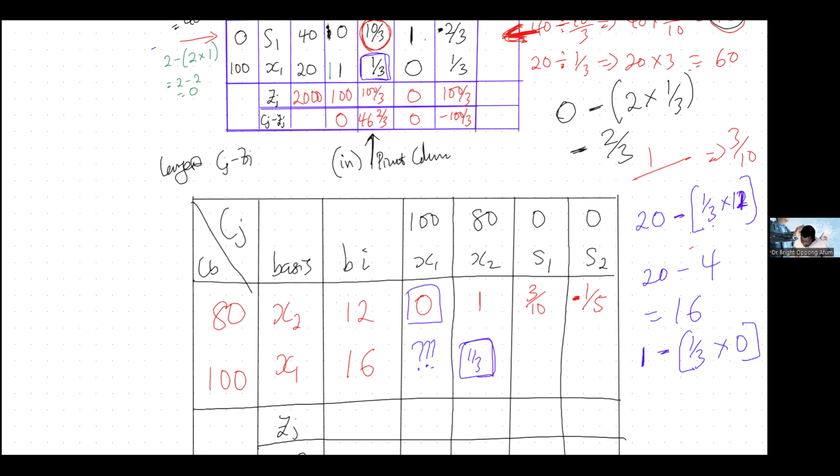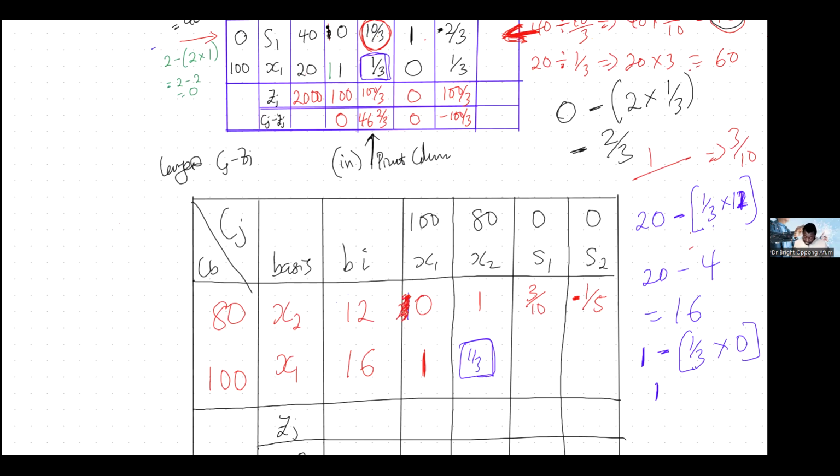And this one will give us 1. Very easy. Again, this one doesn't exist. I don't know why sometimes you can't delete this.